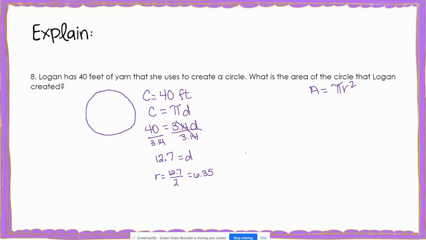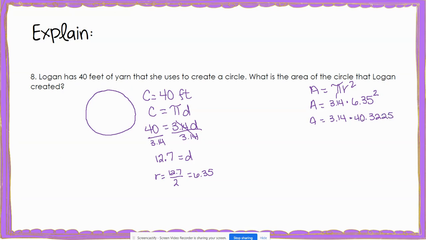So I'm going to use that in my formula for area. Now, area equals pi, which is 3.14, times radius, 6.35, squared. I'm going to start by doing 6.35 squared, which is 6.35 times 6.35. And that gives me 40.3225.